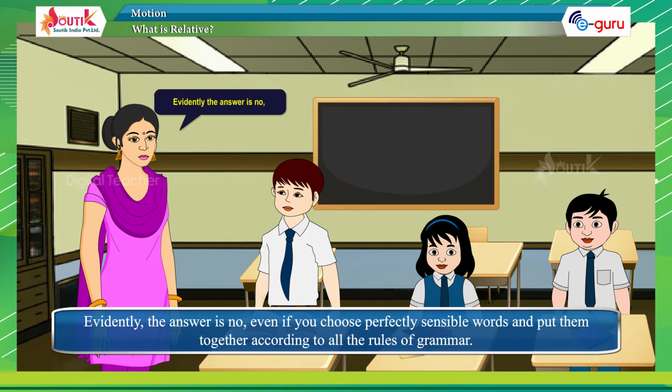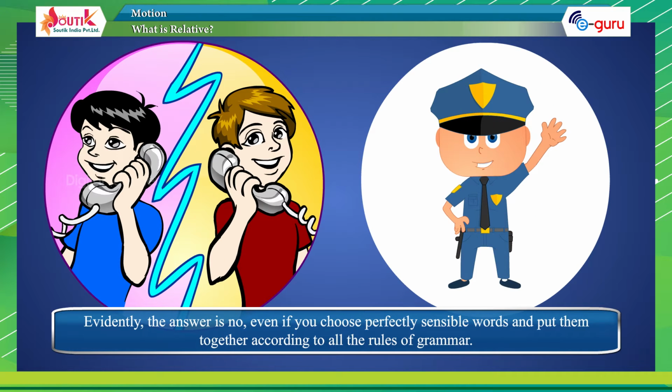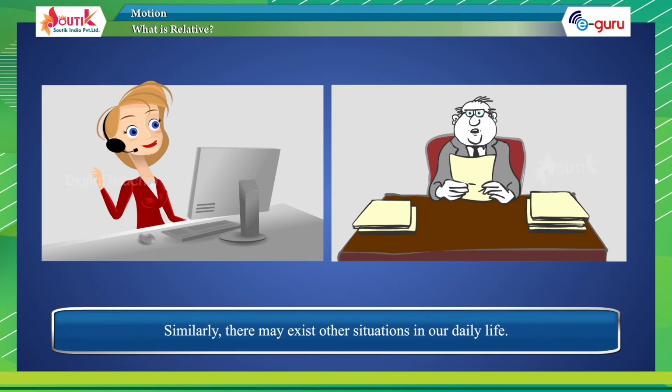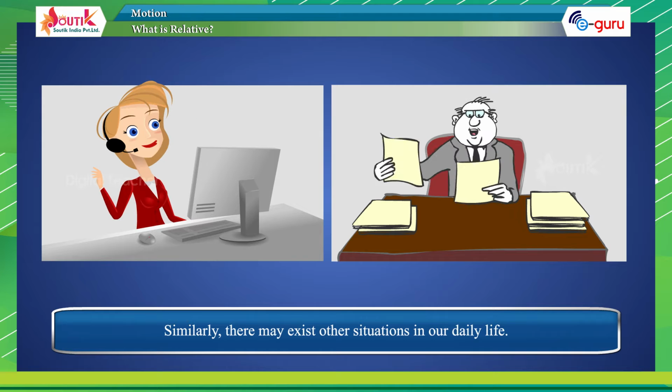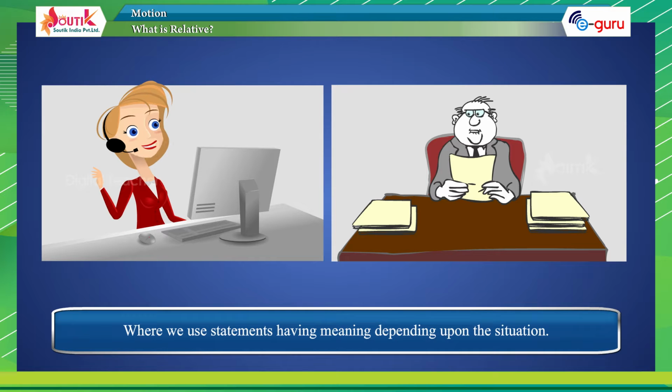Evidently, the answer is no, even if you choose perfectly sensible words and put them together according to all the rules of grammar. A statement has a meaning only when there is a relation between words. Similarly, there may exist other situations in our daily life where we use statements having meaning depending upon the situation.